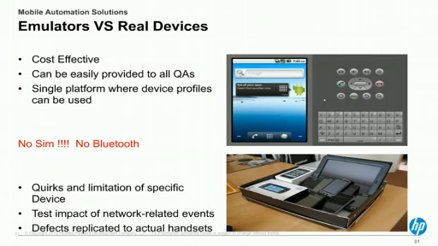And the reason you don't use emulators for this is, whilst they're cost effective, whilst they're easy to provide to people to test against, you don't have the limitations and any of the oddities that you would see on a specific device. You don't get any of the network interaction. There's no Bluetooth, there's no SIM card, there's no RF traffic going back and forth, and there is no guarantee that the code set you're using on an individual emulator is anywhere like the code set that you're running on the device. So there are lots of differences there.